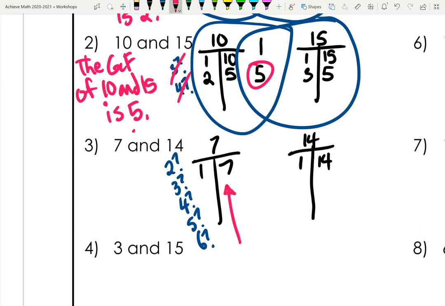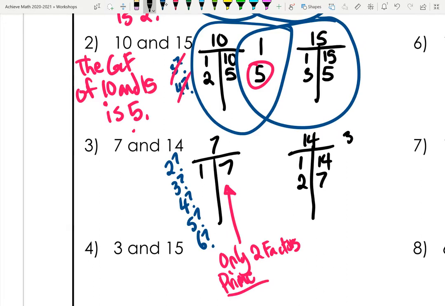When there's only 2 factors, the number is considered prime. This is going to be a case when there's only just 1 and 7. That's called prime. I continue with my 14. 2 times 7 is 14. Now I'm responsible for checking 3, 4, 5, and 6. And none of those work.